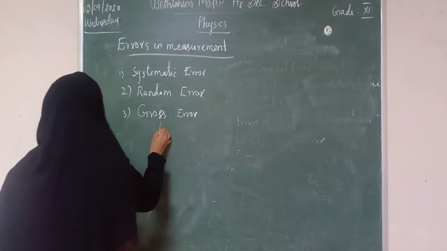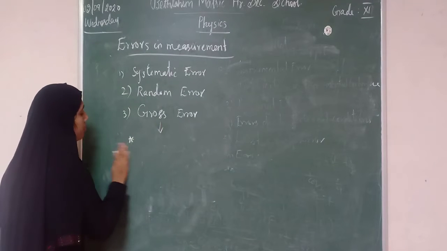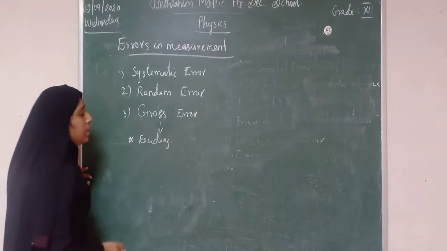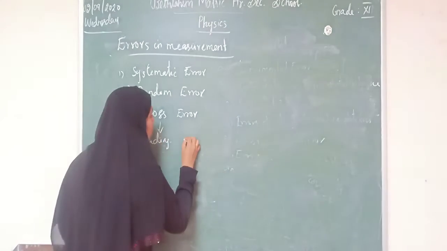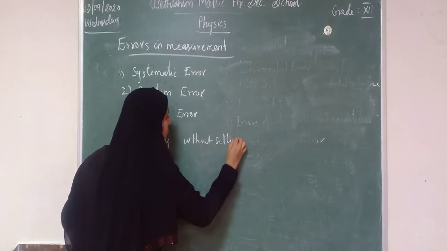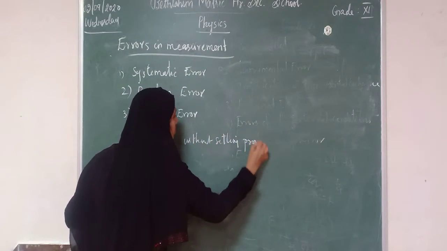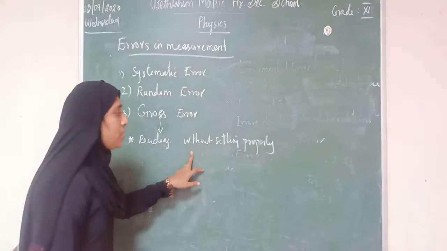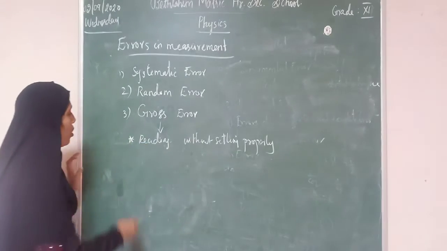Gross error may be due to reading the observation without setting it properly.